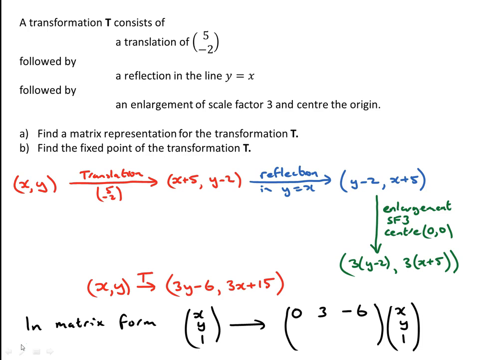So I need 3, 0, 15. And then the final row has got to just give me 0x + 0y + 1. So my matrix representation is (x, y, 1) goes to the matrix 0, 3, -6, 3, 0, 15, 0, 0, 1 times (x, y, 1).